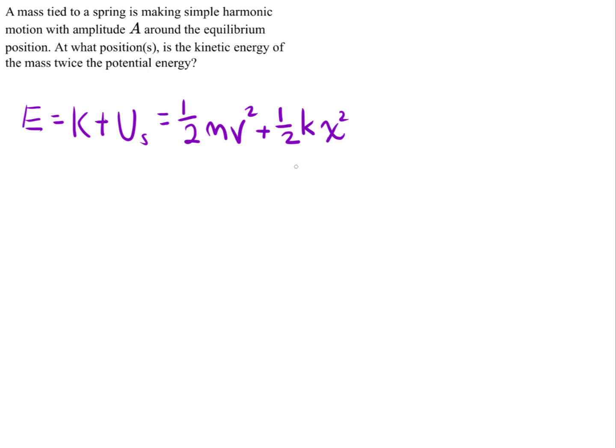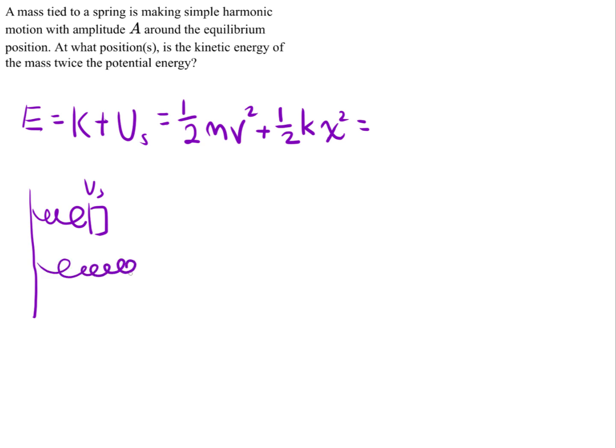And we also know that the energy is converted between these two forms as the object is performing this motion. So when it is compressed, let's say that the spring is compressed here, all of this energy will be potential spring energy.